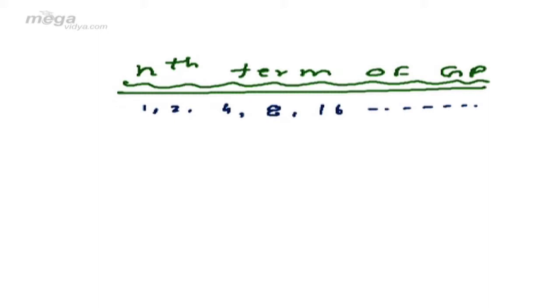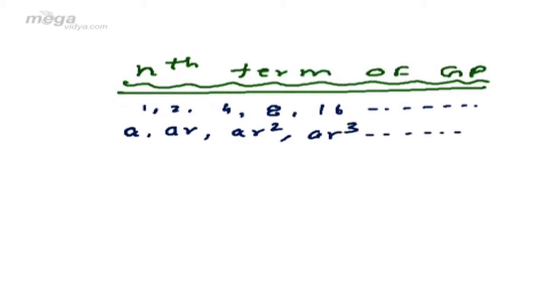Therefore, if we take the first term as A and the common ratio as R, the second term will be AR. The third is AR squared, because we multiply R with the second term to get the third term. If we multiply R with the third term, we get the fourth term, that is AR cubed, and so on.